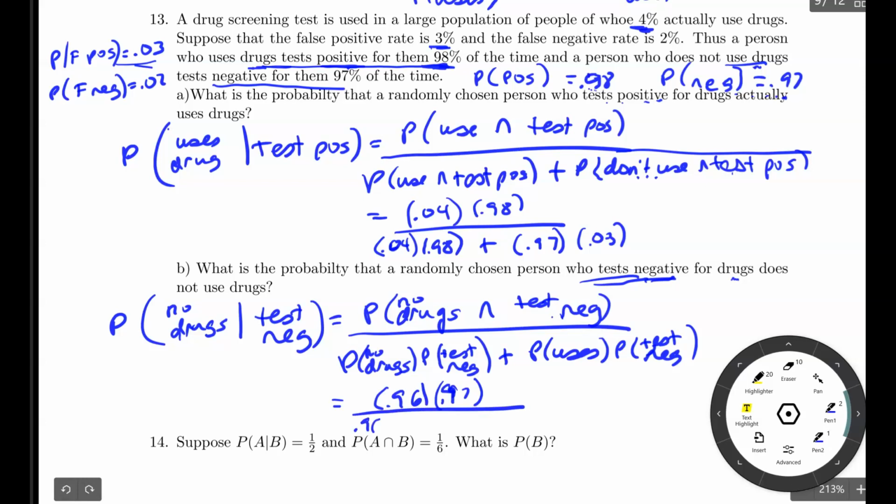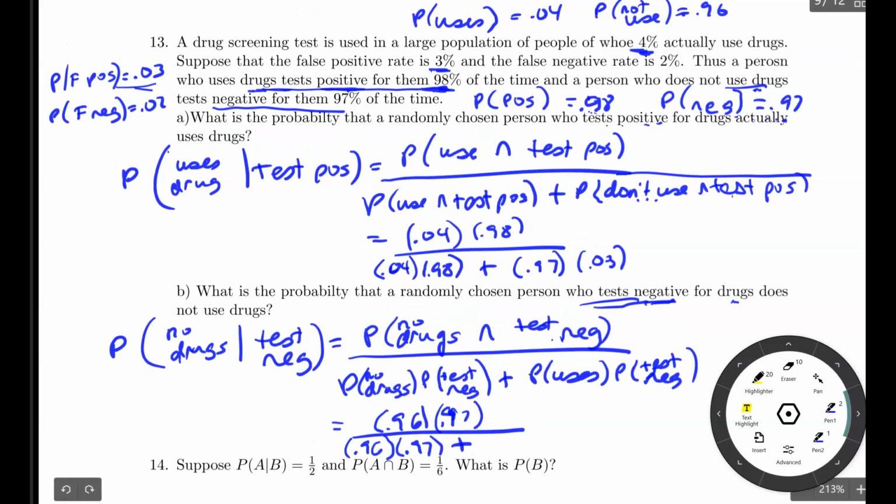All over the same thing in the denominator, along with you tested negative, so that's the 0.97, and you test negative and you use drugs, which is the 0.96. Where did that go? There it is, right there.